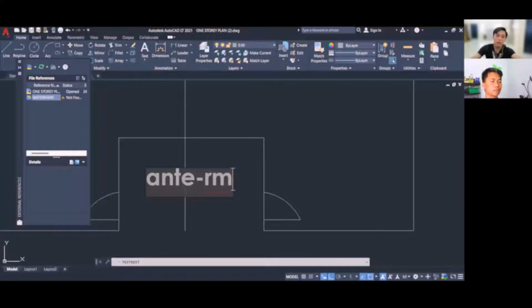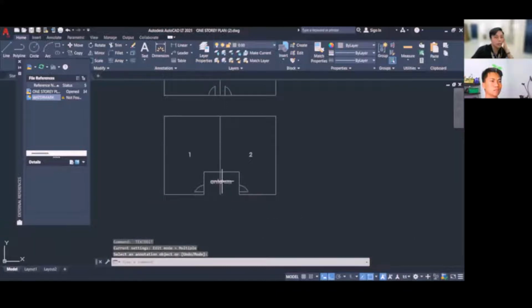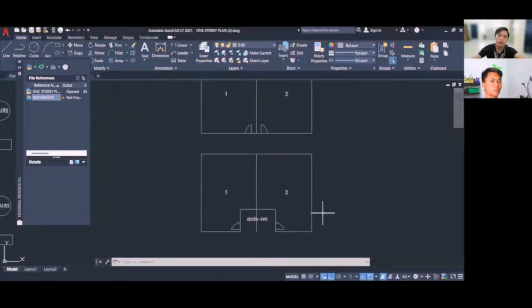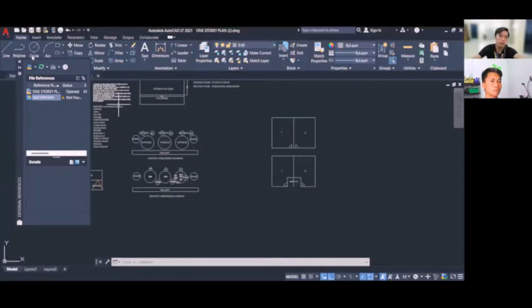So a lot of you guys have misinterpreted the term anteroom and used it in the commercial spaces. Well, it is given, but anteroom are usually applied on this kind of residential unit buildings. Okay?